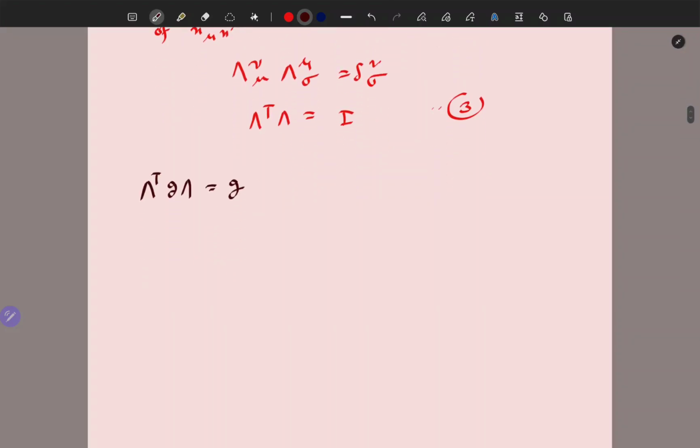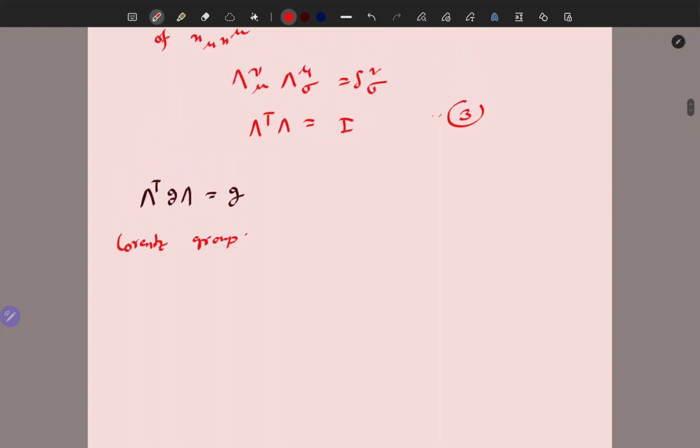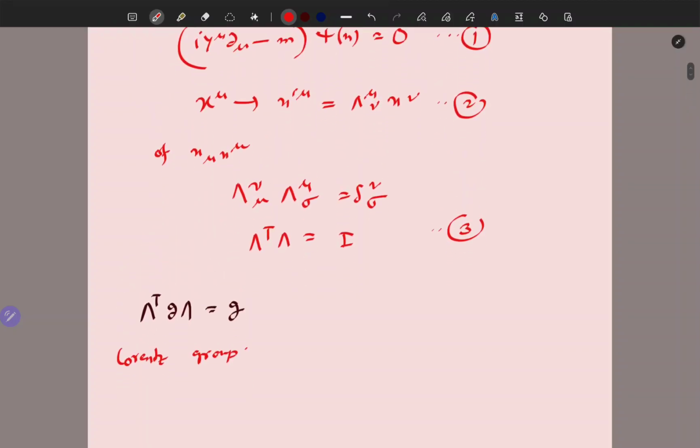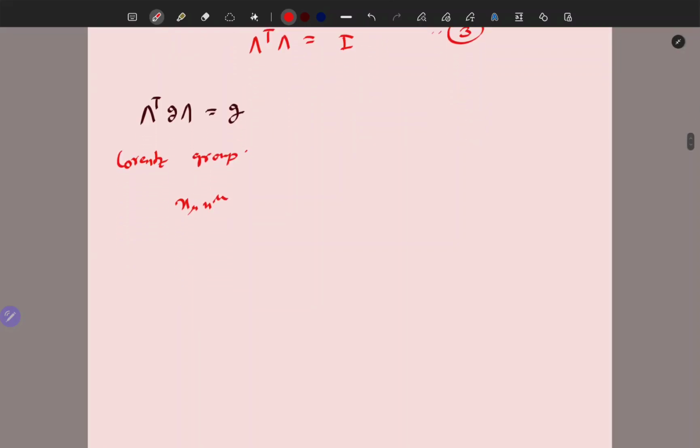The Lorentz group. The Lorentz group is defined as the group of the linear coordinate transformations of this equation, leaving x^μ invariant.